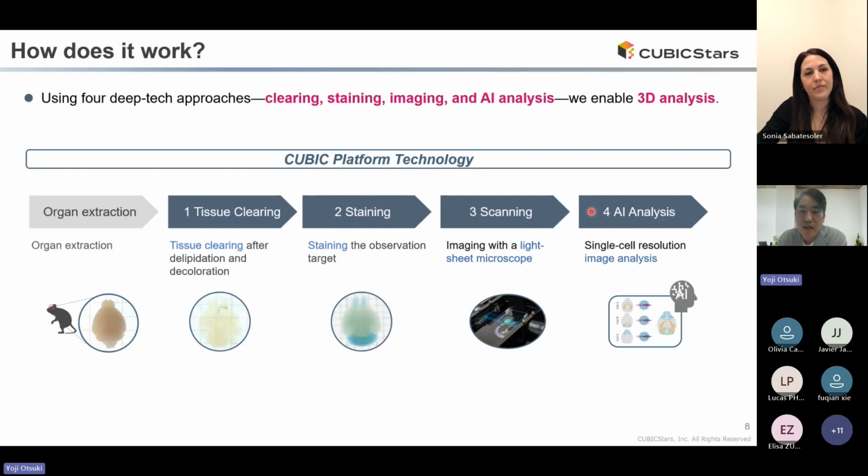This combination allows us to perform highly detailed and comprehensive 3D analysis across entire organs. The first step begins with organ extraction, followed by chemical clearing and uniform staining. Then we conduct the scanning using light sheet microscopy, and then we conduct deep learning based analysis.